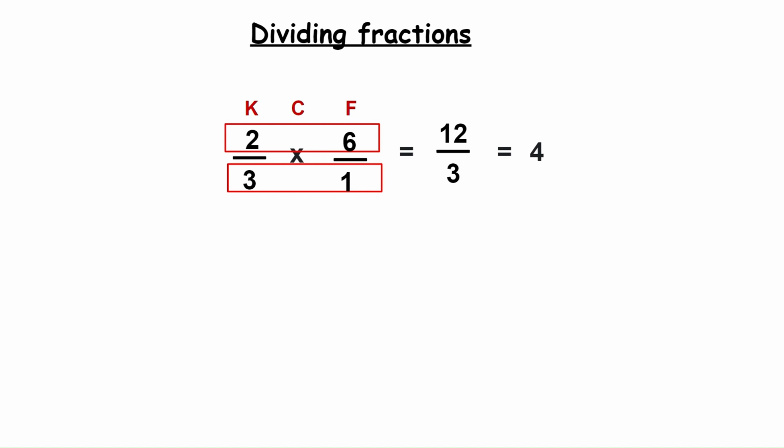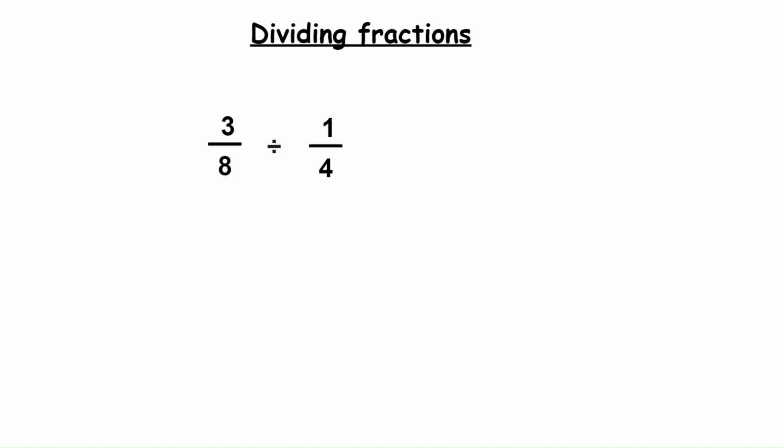Let's try another one. This time we're going to solve 3 over 8 divided by 1 over 4. So first, we're going to keep 3 over 8 as it is. And next, we're going to change our operation from division to multiplication.